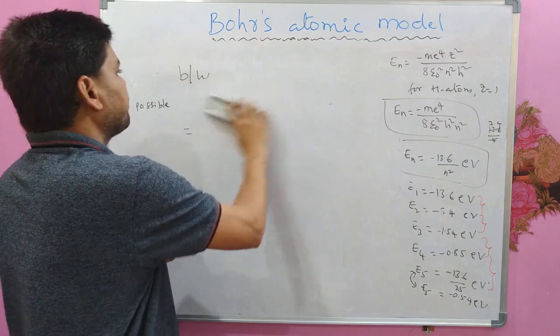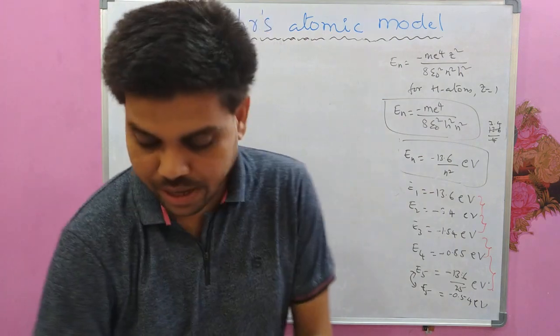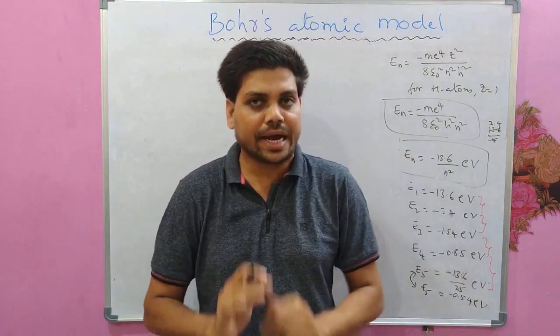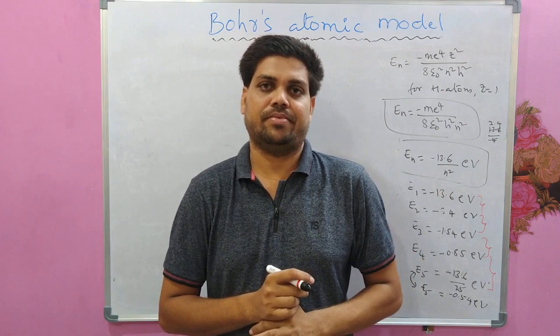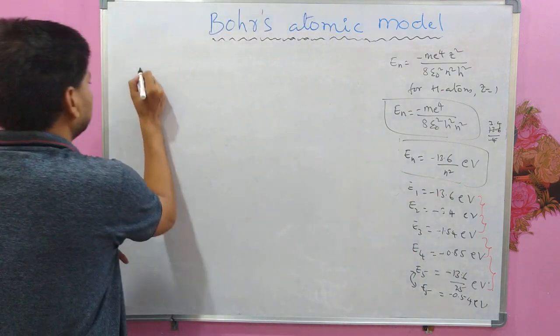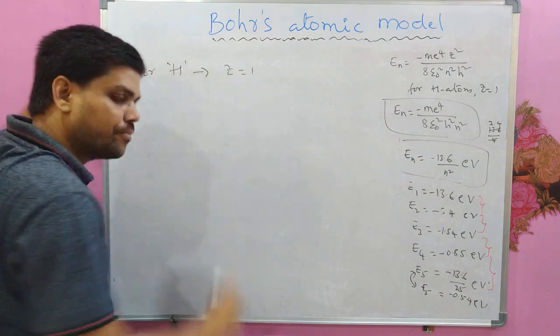Now we will see how this Bohr atomic model is applicable to hydrogen-like atoms. Hydrogen-like atoms. What are hydrogen-like atoms? For hydrogen, Z equal to 1.